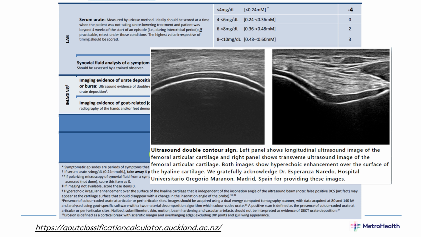And then you see this nice white line on top of that, and that's the double contour sign. And on this patient, you actually see it also on the long view over the femoral condyle. I can tell you, this image is over the top.